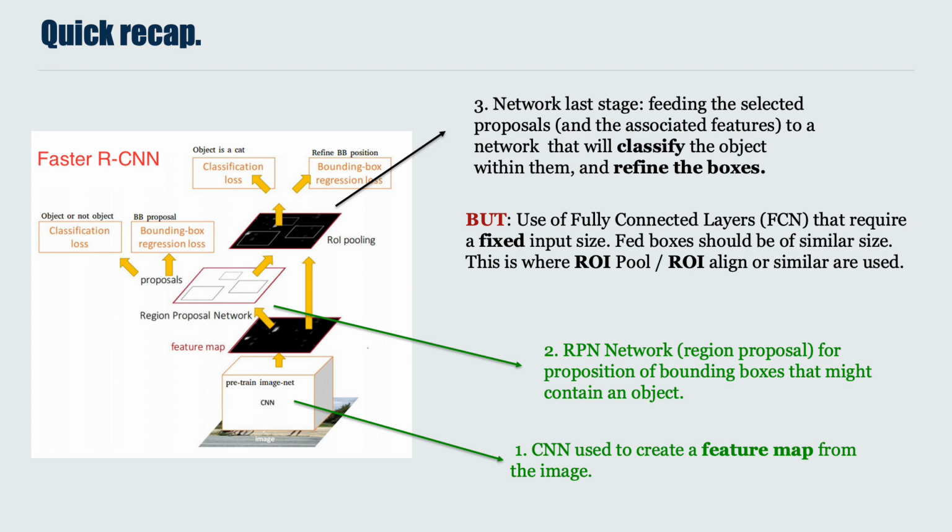The purpose of the RPN is for you to classify each of the anchors as saying, yes, it's supposed to be a probable box that I may be interested in, or not. And from that selection, I first extract those boxes, I perform the RoI pooling or RoI Align, and I feed the selected proposals to a network that classifies them and refines the boxes.